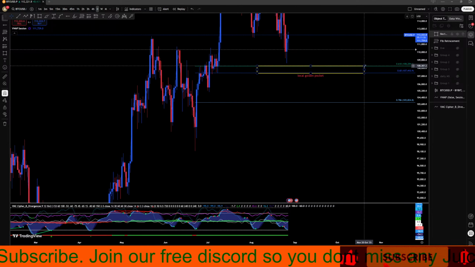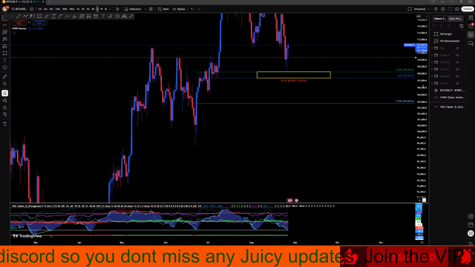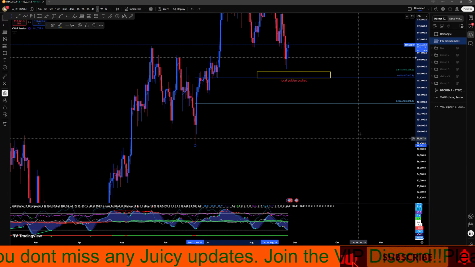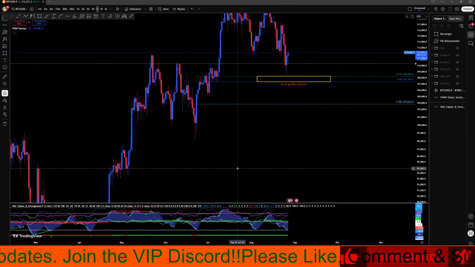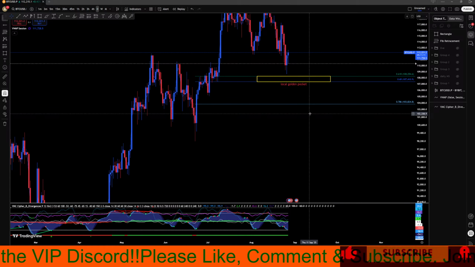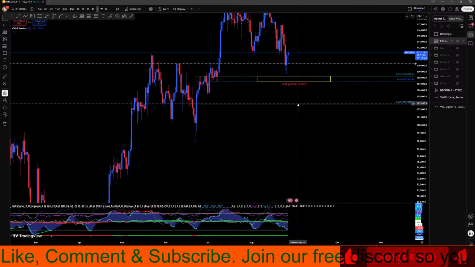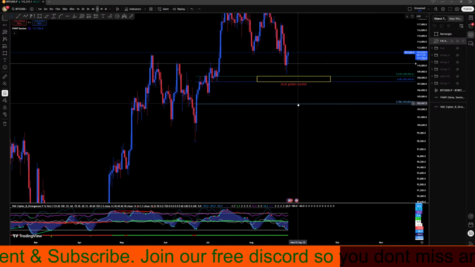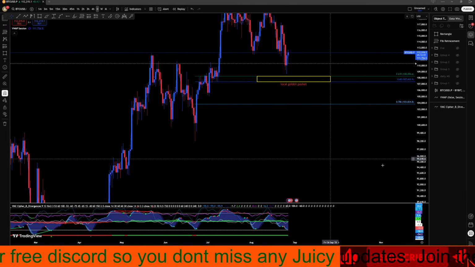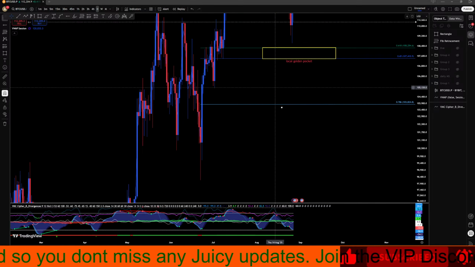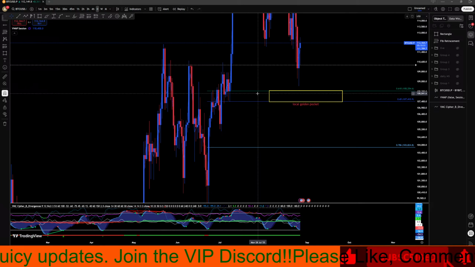Alright, so this is your local golden pocket area, and essentially if this was all you were using to try and identify where your long may come in, you'd look for price to get to this zone. Now price came down to this zone, and it front ran the zone by a couple $100.